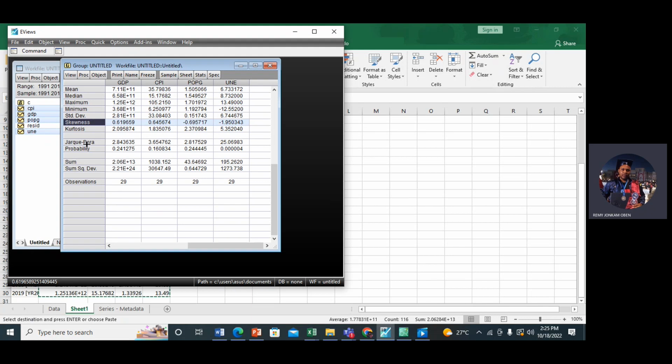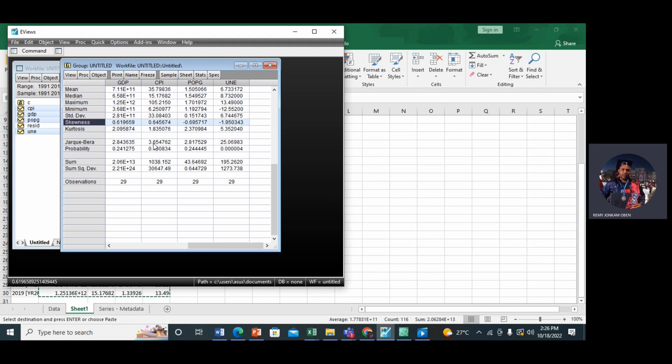and we have Jarque-Bera. Skewness, kurtosis, and Jarque-Bera, these three, we use them to check the distribution of the data, to check if the data is normally distributed or not. Skewness and kurtosis will give you an idea, but we will formally check it using Jarque-Bera. For instance, if the data is normally distributed, then the skewness value should be 0, which means it should not be skewed.